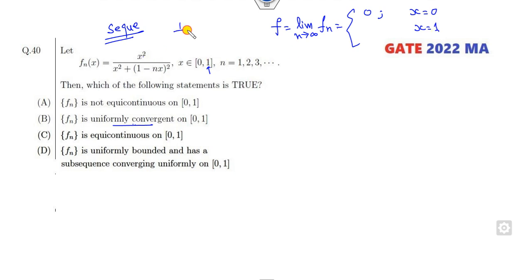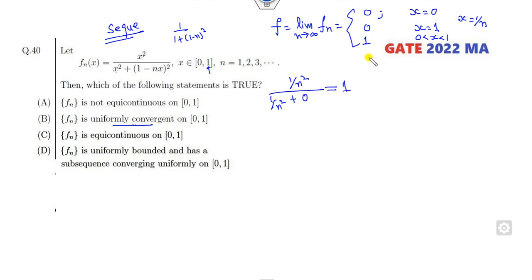It is 1 plus 1 minus n square. So again it's 0. When x lies between 0 and 1, take x as 1 over n. So this value will be 1 over n square divided by 1 over n square plus 0. Which goes to 1.